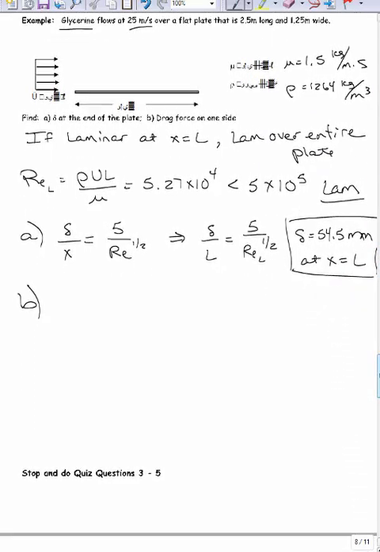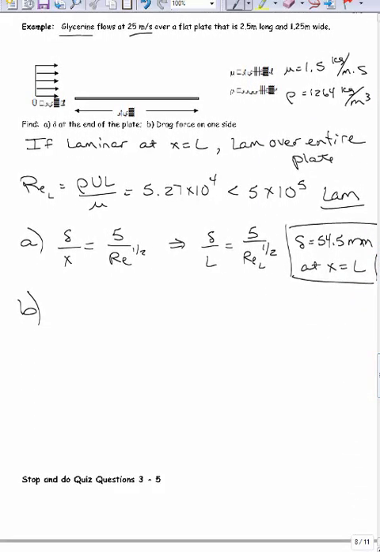Okay. So for laminar over the entire plate, CD is equal to 1.328 over Reynolds number at L to the 1/2. Okay, so if I just plug in the Reynolds number, I'm going to get 5.787 times 10 to the minus 3.